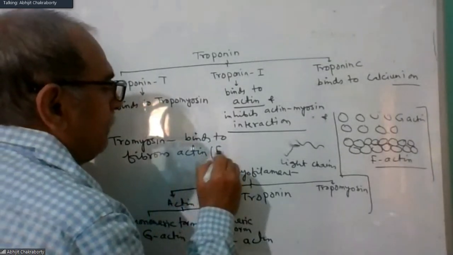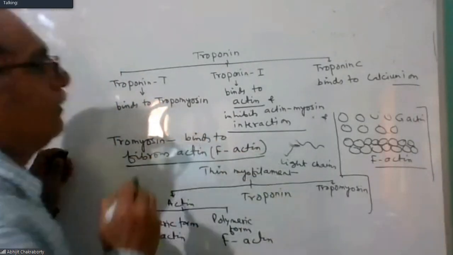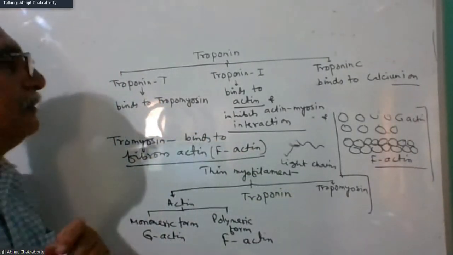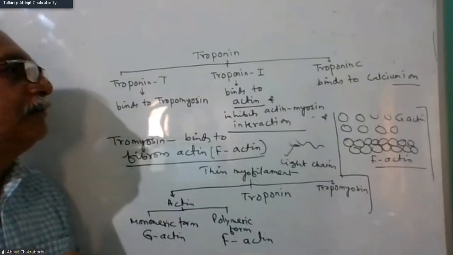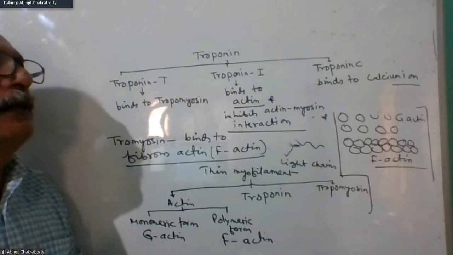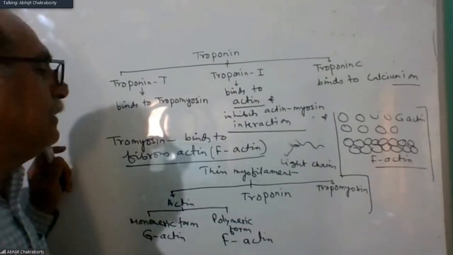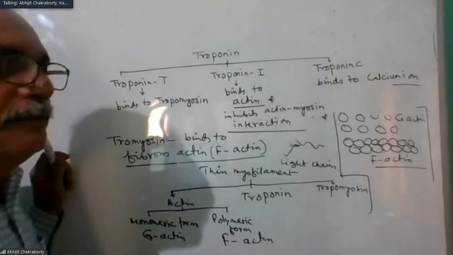This is F-actin. So there are three types. In the resting state, troponin is found active, and that's why tropomyosin binds to fibrous actin.